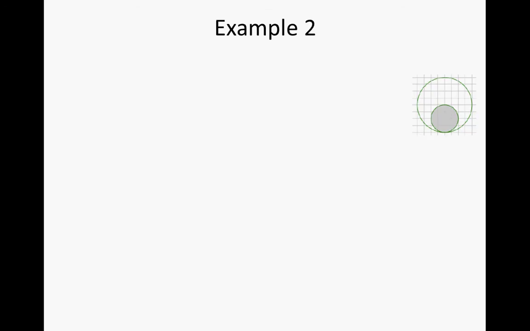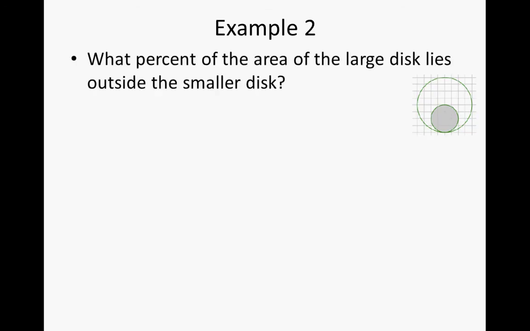All right, example 2. So what percent of the area of the large disk lies outside of the smaller disk? Now again, that means that we're going from small to large, so this is going to be an enlargement. Well, it would be twice as much, because if the radius of the small disk is 2 and the radius of the large disk is 4, then that would be 4/2, which is 2.